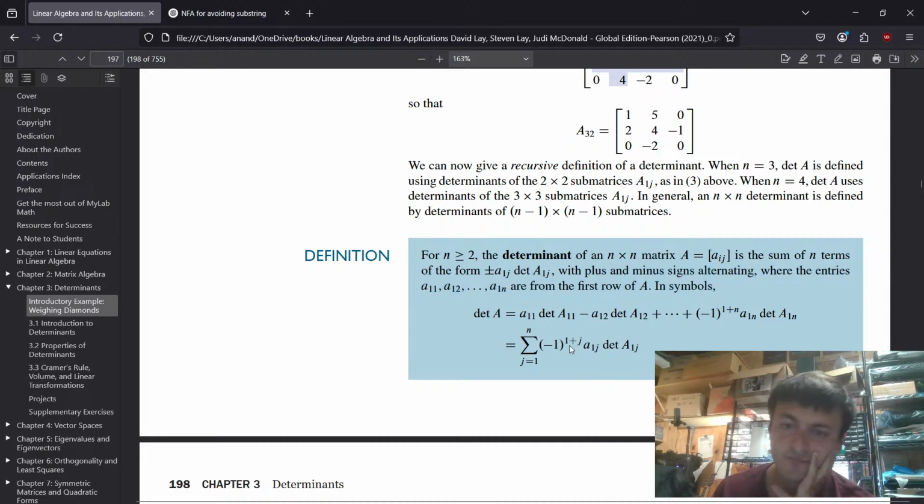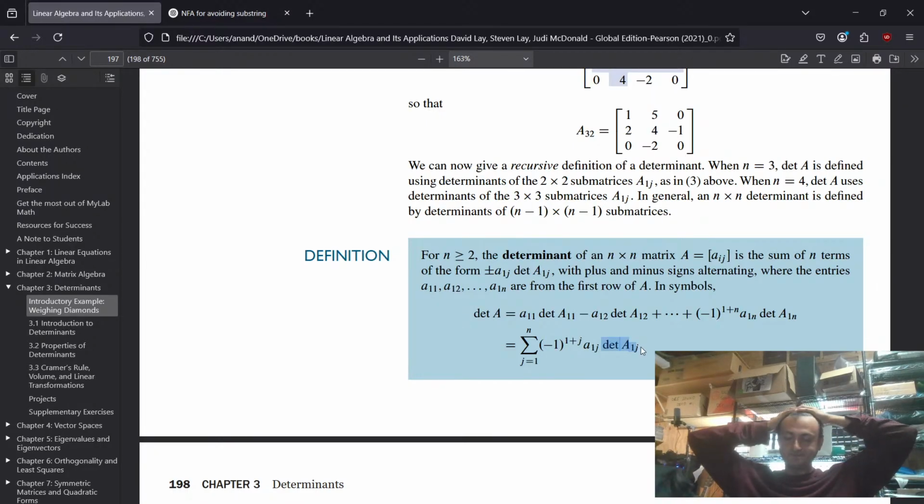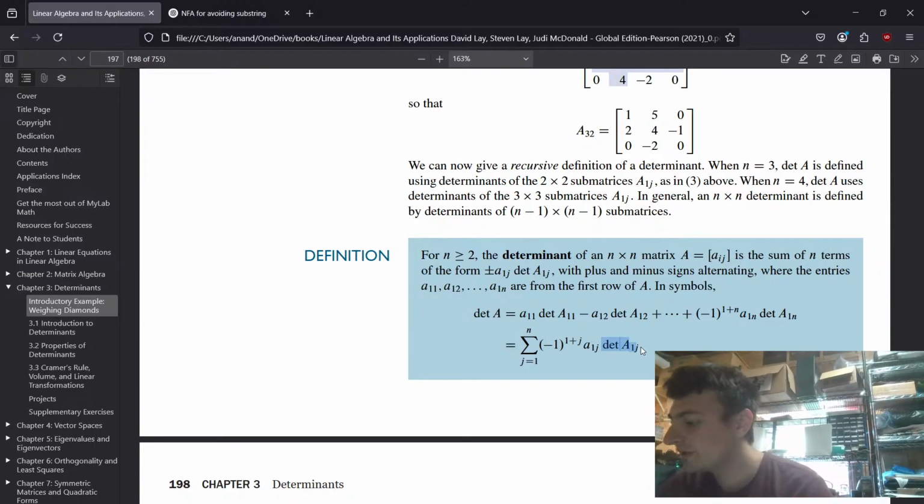So it's the sum alternating plus and minus of the jth element of the first row times the determinant of A1j.